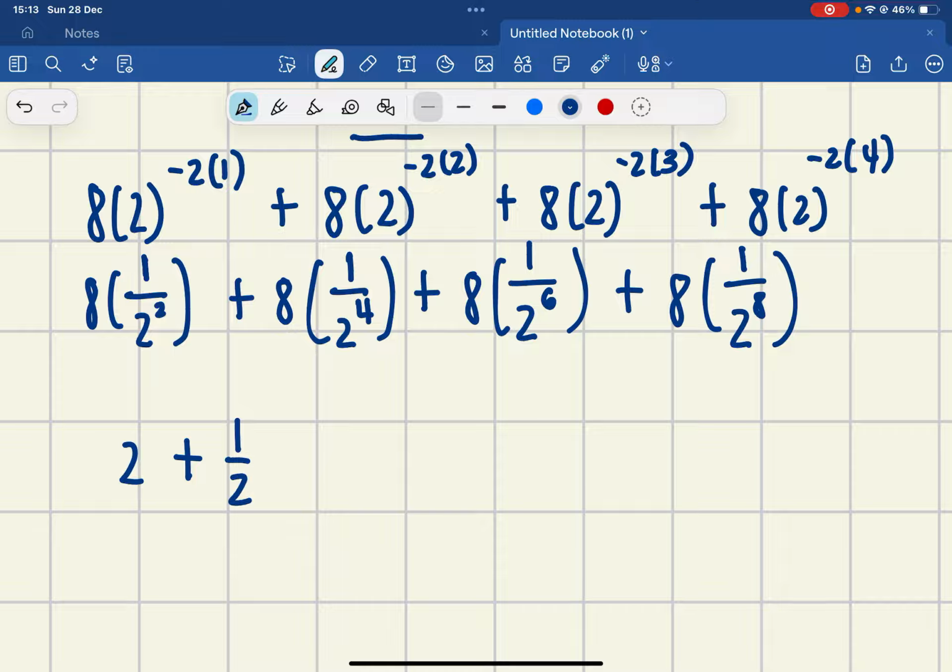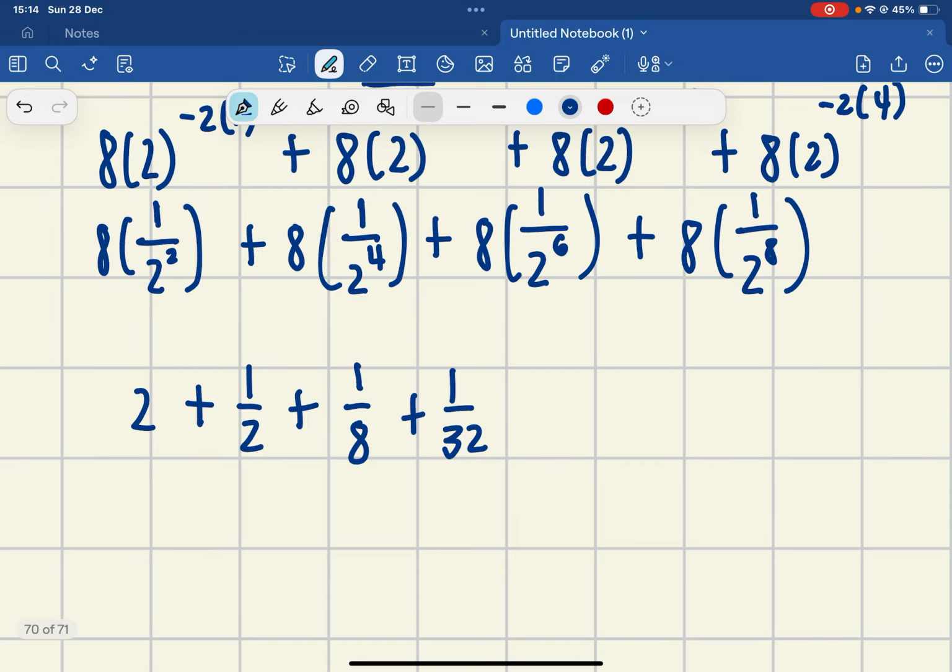If you just further simplify this, you'd get this. 1 divided by 2 to the power of 6 multiplied by 8 gives you an 8th, as we could see. And then 1 divided by 2 to the power of 8 multiplied by 8 itself gives us 1 over 32.